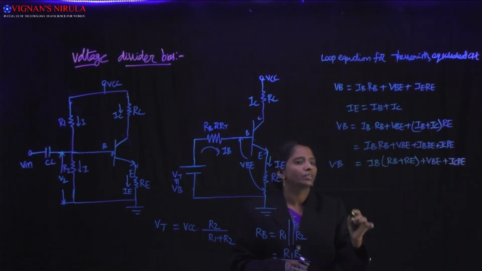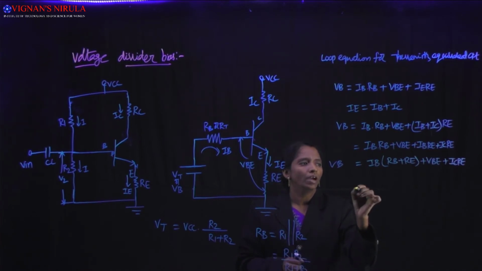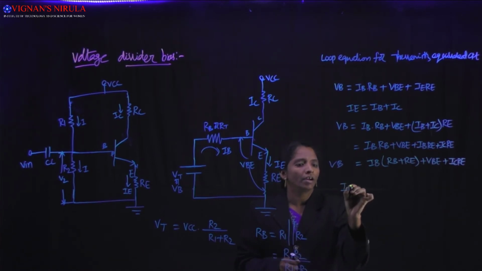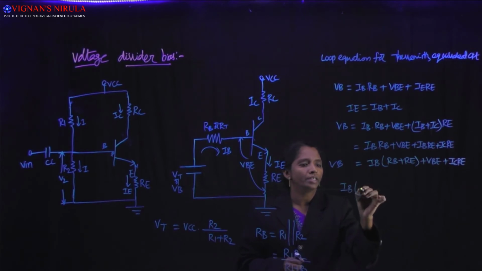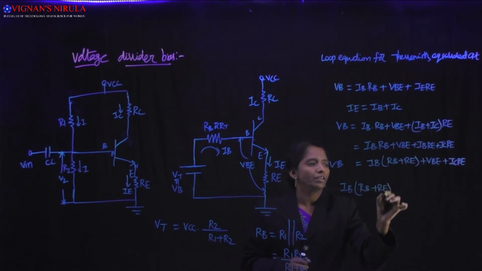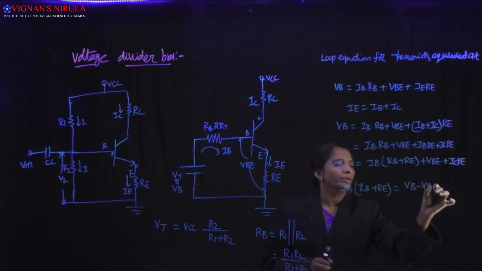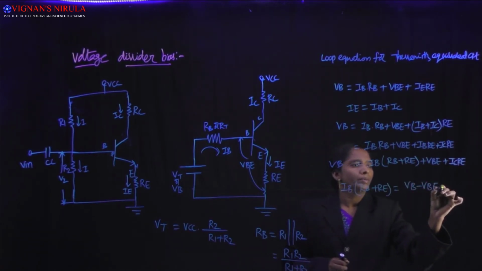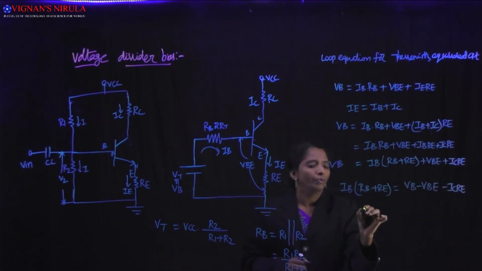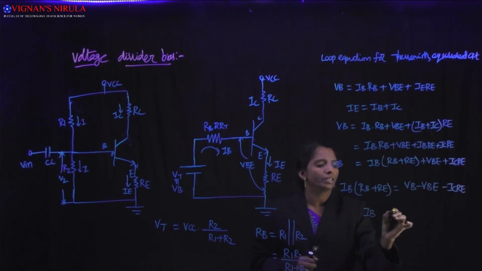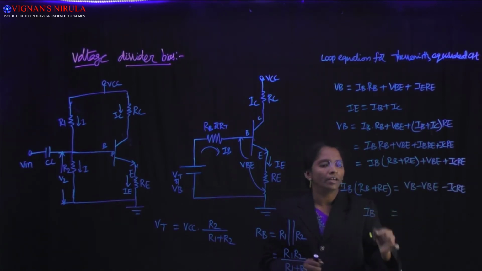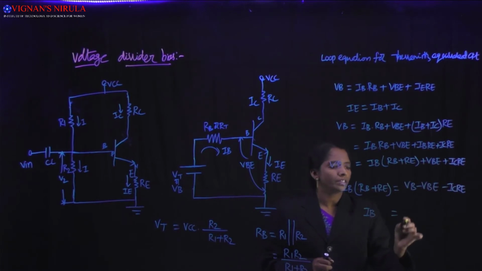We want IB, so keep IB on the left-hand side: IB into RB plus RE equal to VB minus VBE minus IC into RE. We want IB only, so take RB plus RE to the right-hand side.